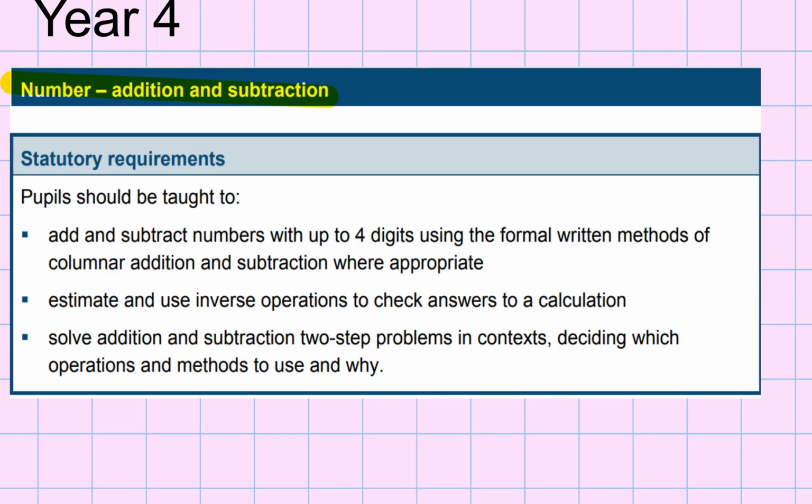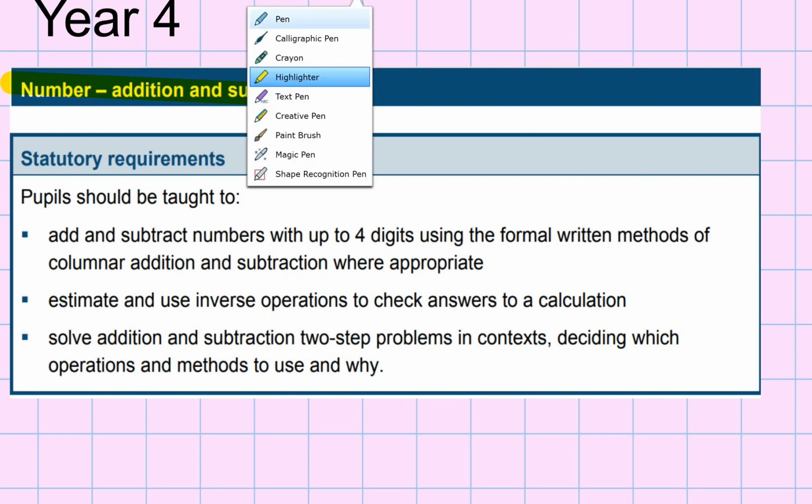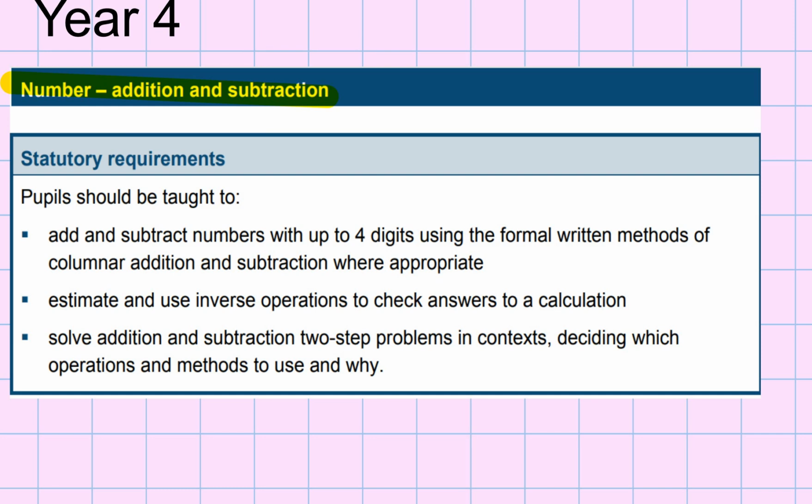So children in Year 4 need to know 3 main objectives for the topic of addition and subtraction. The first one is to add and subtract numbers with up to 4 digits and numbers in the thousands using formal written methods of columnar addition and subtraction. This is when it's appropriate.